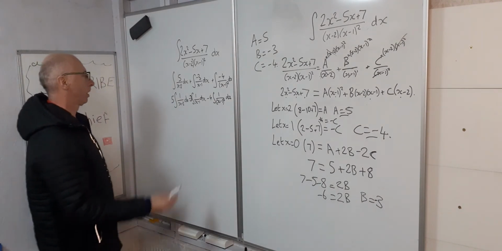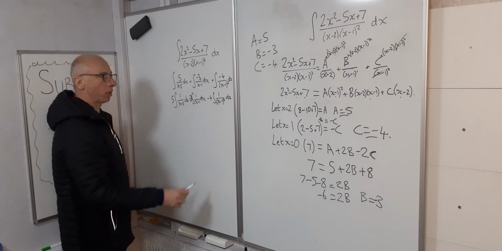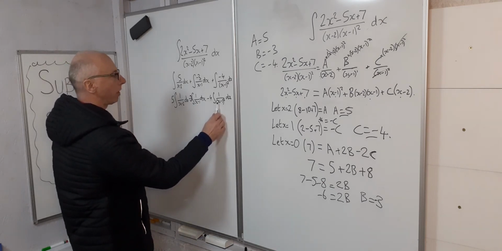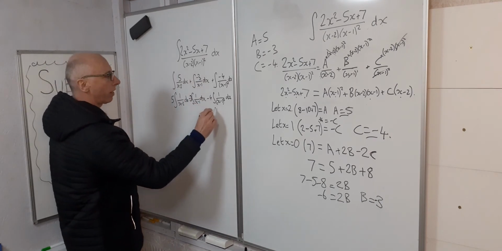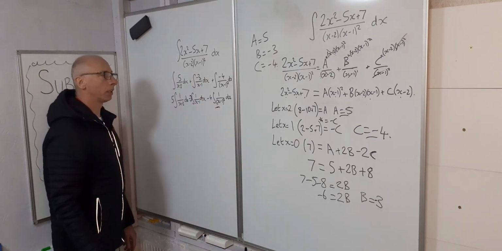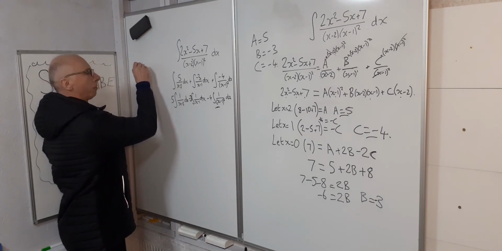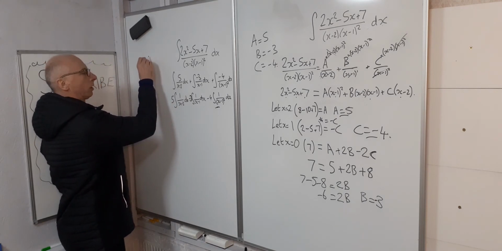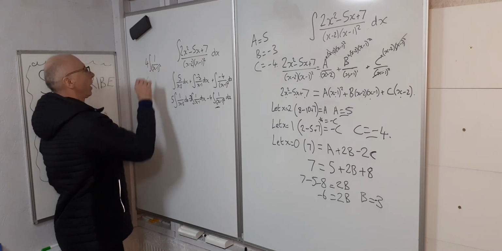Okay, so this one here is simple natural log, this one here should be simple natural log. This one here is going to require a little bit of u substitution. So let's just take care of this integral first. So 4 times the integral of 1 over x minus 1 squared.